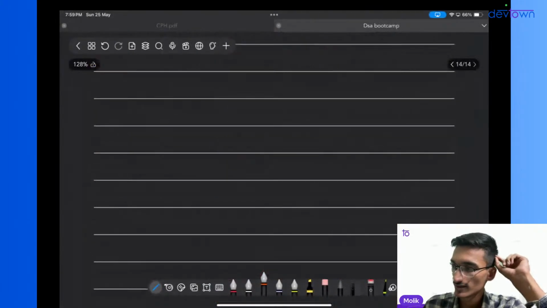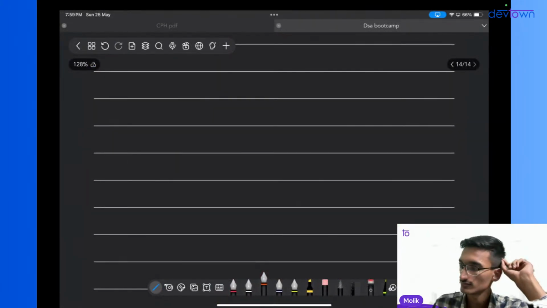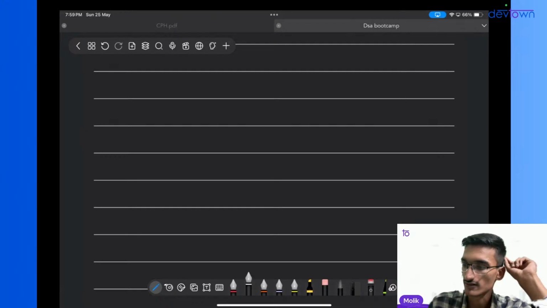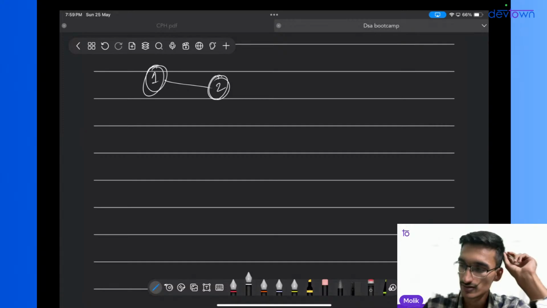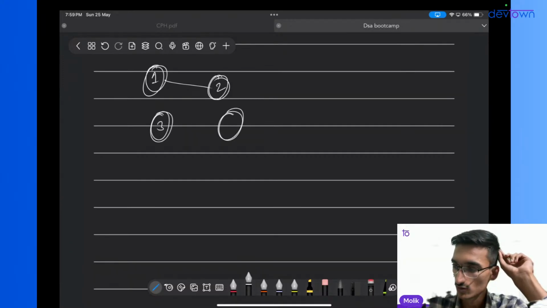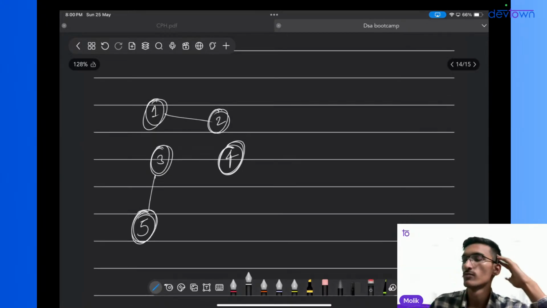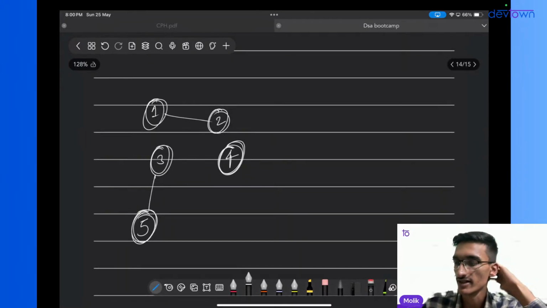It's quite simple. You're given a graph. Yes, Debajyoti, you are correct, you can use DFS or BFS. For now, we'll be doing it by BFS. Simply run a loop and go to every vertex.